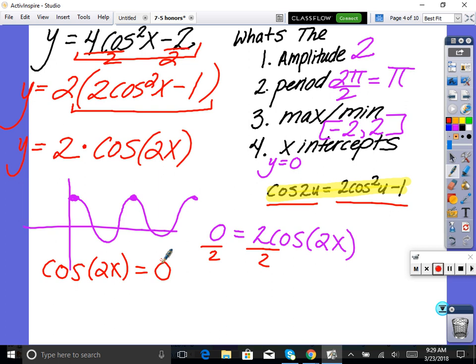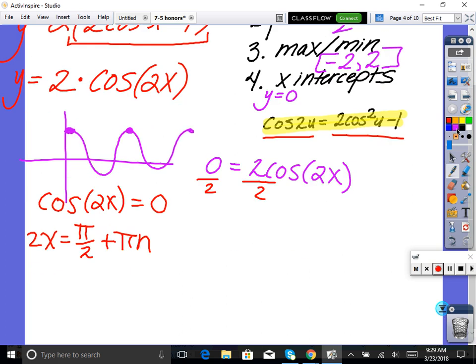So we just answered this. Wasn't our answer that cosine equals 0 at, you said pi halves, didn't you? Plus pi n, isn't that what we just said? So now it's not x though, it's 2x. So you're multiplying both sides by half.